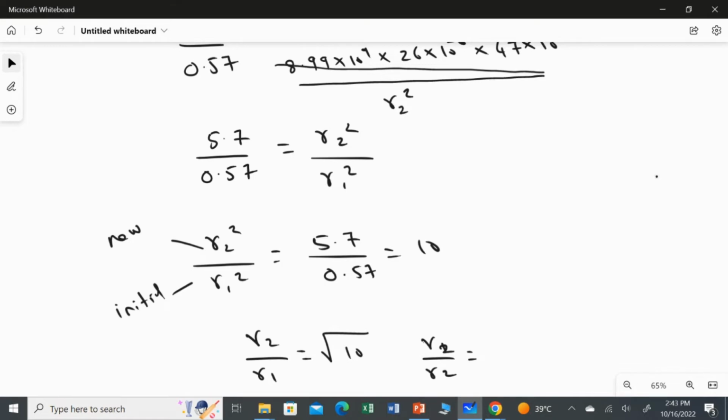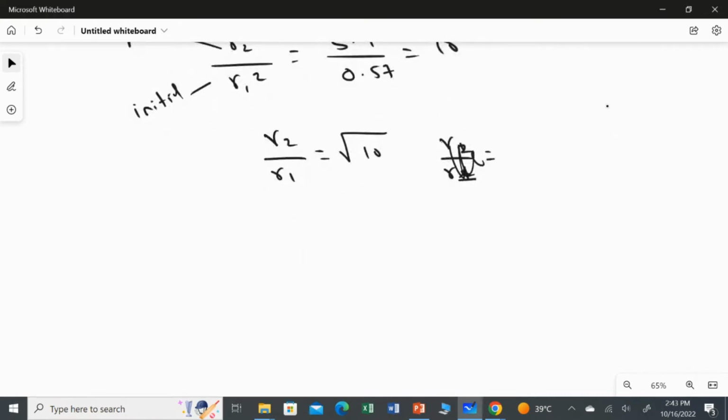So R2 over R1 is equal to 3.16. The value of the square root of 10 is 3.162. That's it. There is no unit.